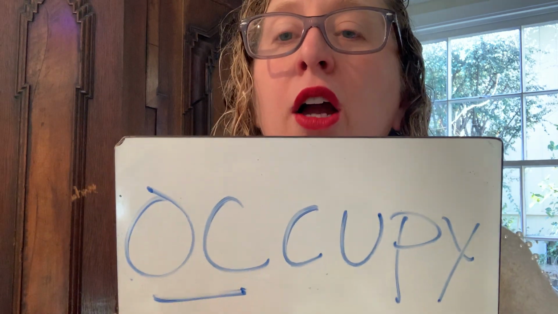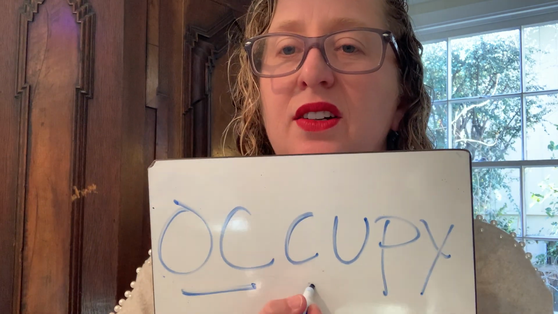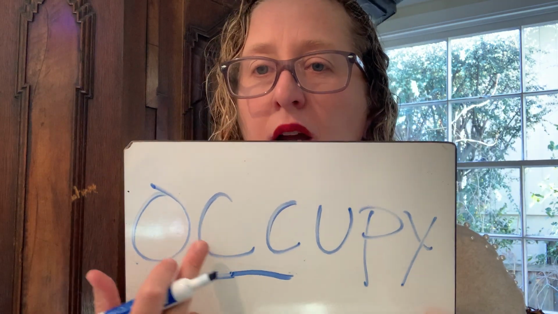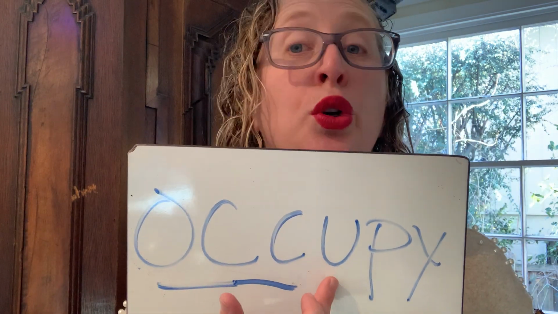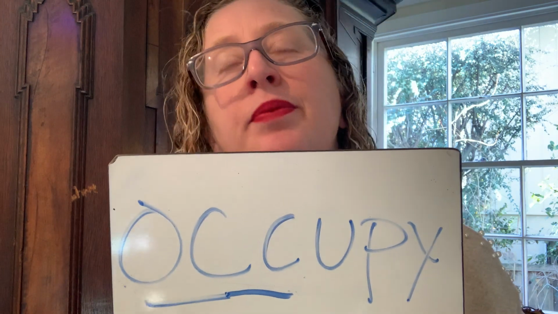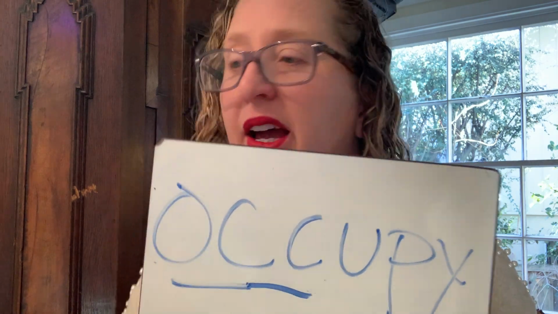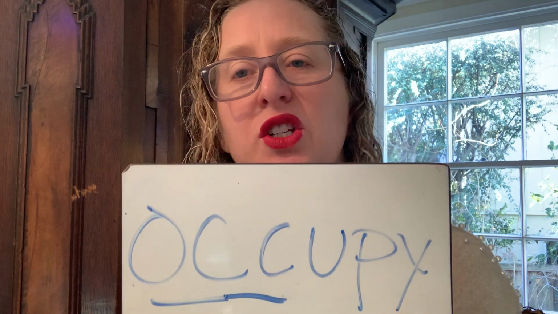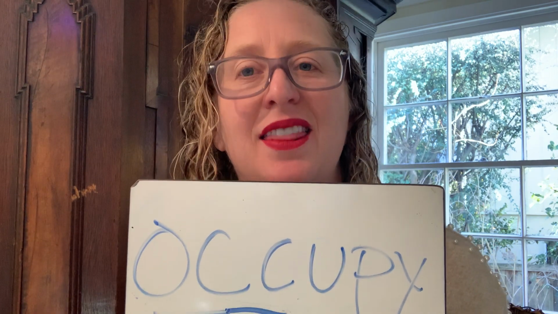Occupy. Occupy. The C's here kind of blend together. Occupy. Ock with the C's. You. Pie. I am going to occupy this space for the next hour as I work here at the kitchen table. I'm occupying this area. Okay, very good, second graders.